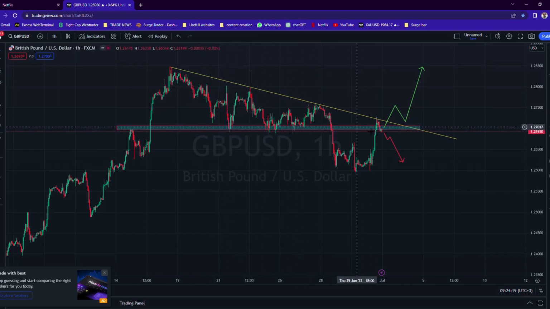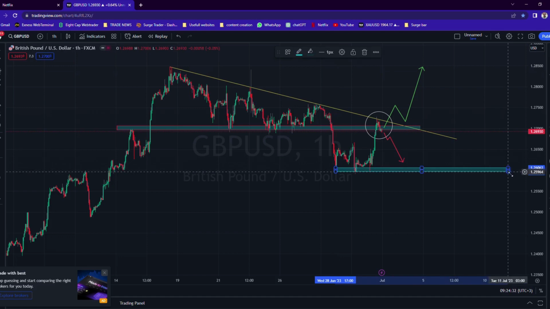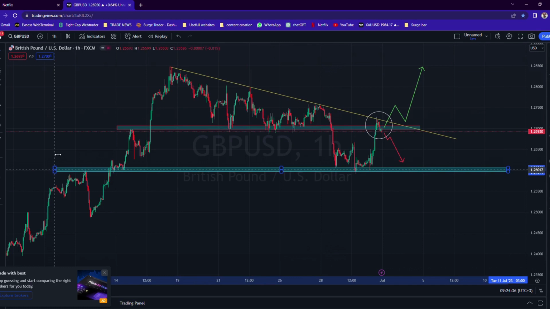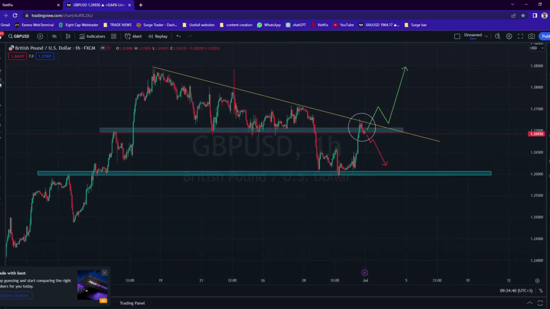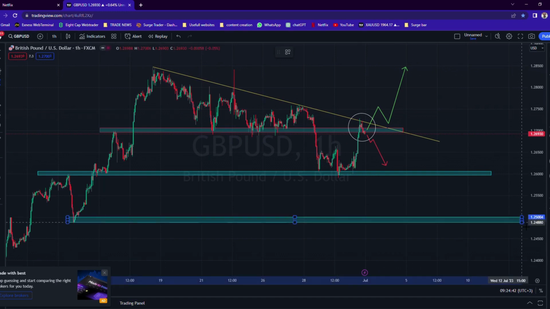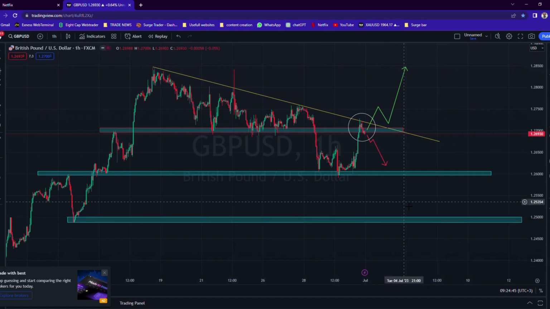So this support is turning into resistance at this point right here, and we are hoping for a move to the downside at least until this point, which is a key price structure, a key zone right there, or a move up to this key zone right here.